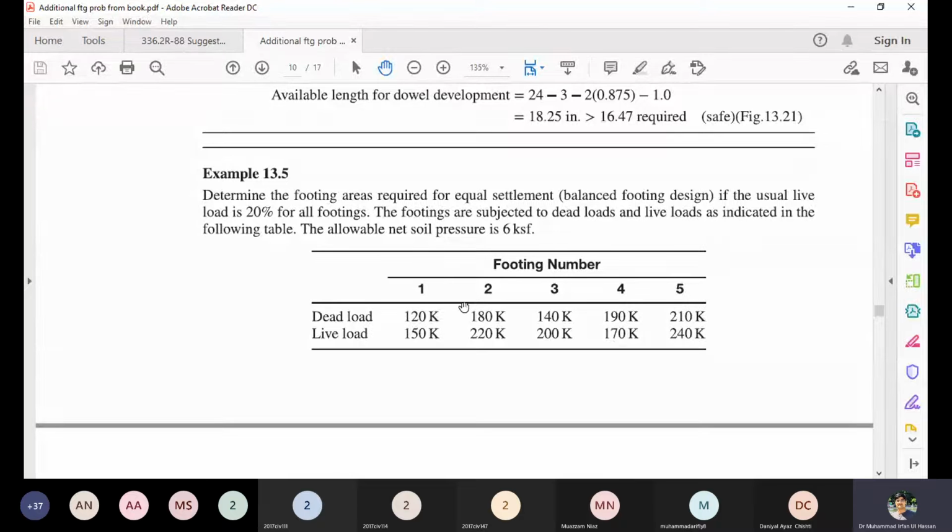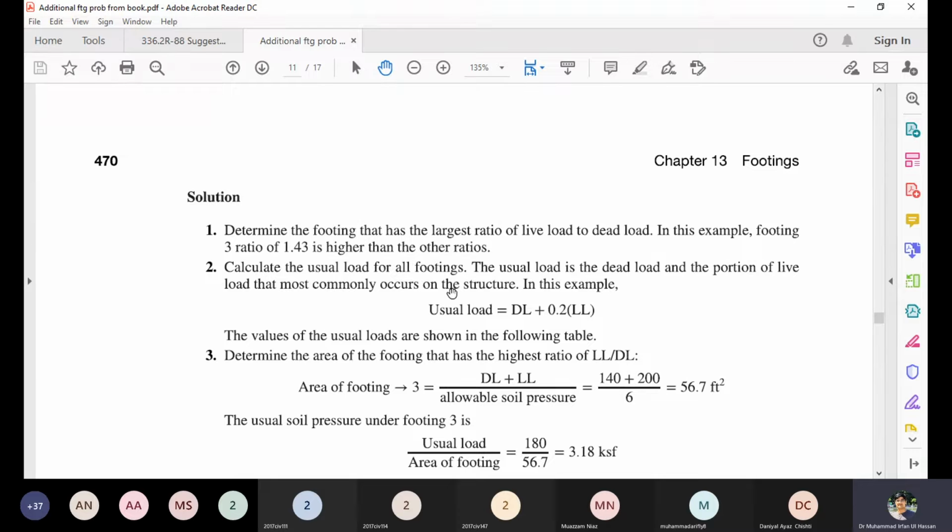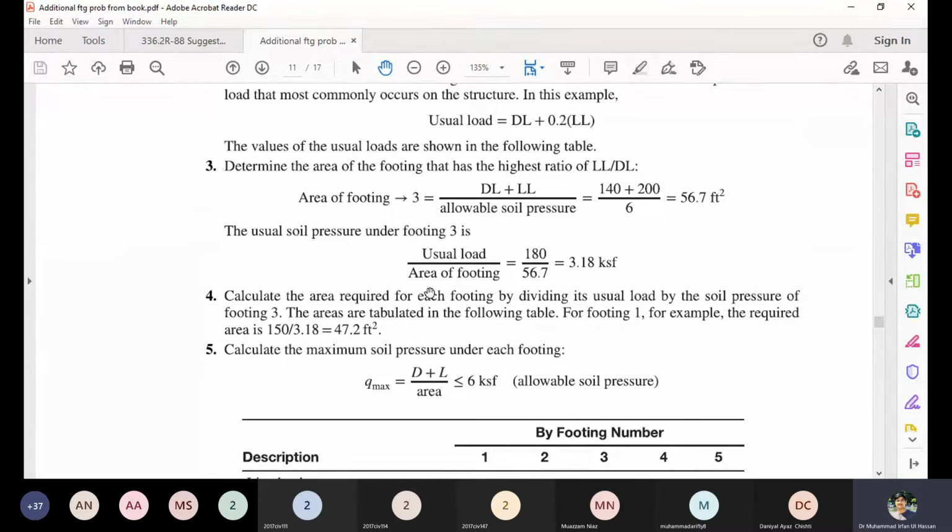Then one of the problems is given that if you need equal settlement, determine the footing area for equal settlement, balanced footing design, and live load reduction is also considered. So you fix the area of the footing: load over allowable bearing pressure, for the third footing.